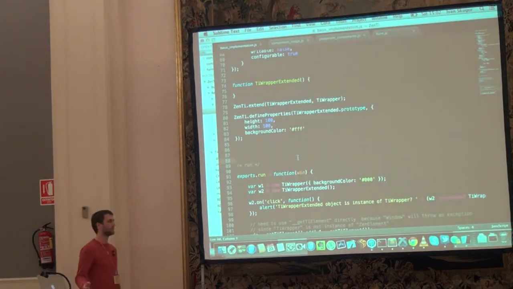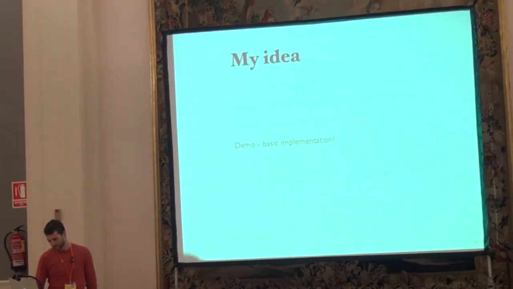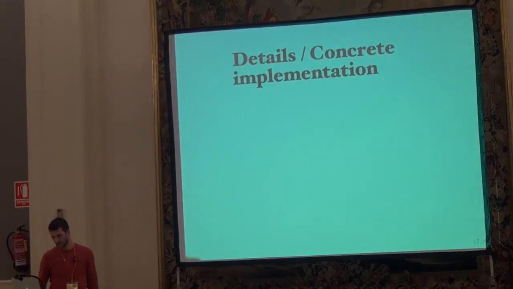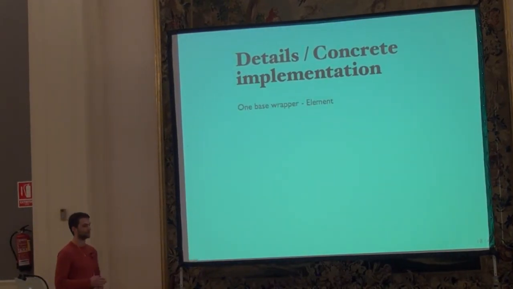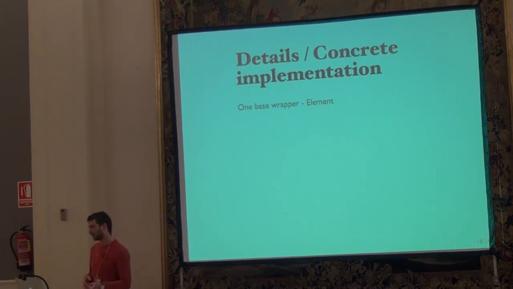So this is a basic theoretical approach, and if you are using wrappers, and if you are using this element property, you can just replace it with this technique. But my implementation is far more complex.